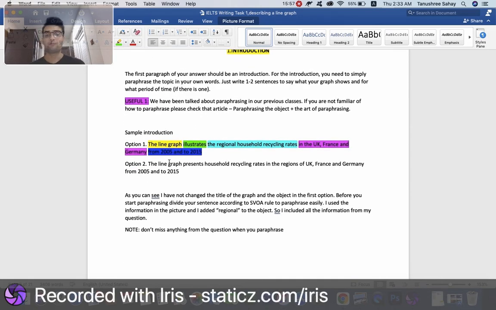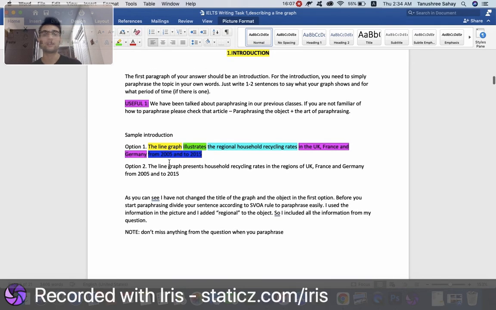Okay, this is the sample introduction that I did for you. I had many options, so I went for the first option. Here is how I did that. The line graph is the subject. Before I paraphrase, I go up to the question card and check what the subject, verb, object, and adverbial are. After I find them, I start paraphrasing each part of the sentence one by one, but we don't have to change the subject in the question card.